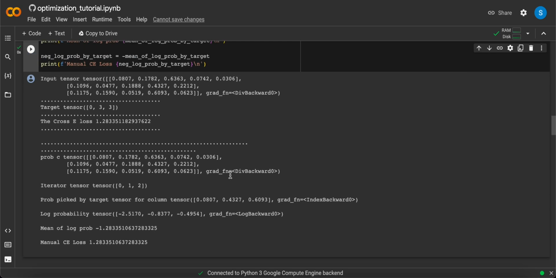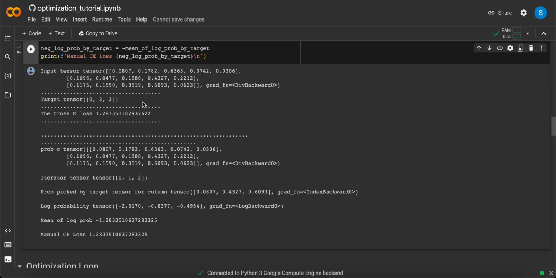For example, all we're doing is using the power of torch to pluck out these numbers, right? So when we are going through 0, 1, 2, we want to pick 0, 0, then 1, 3, and 2, 3.